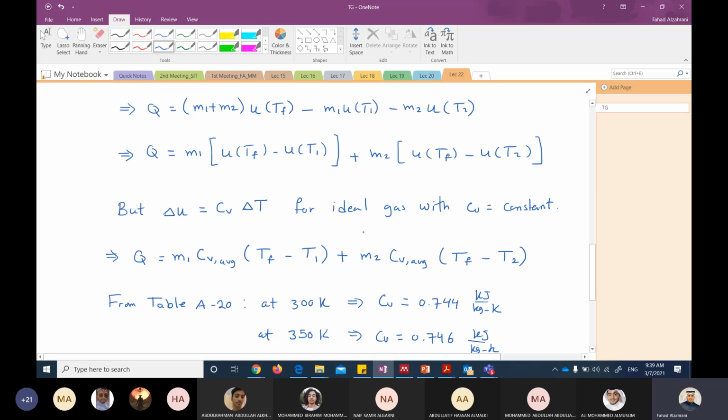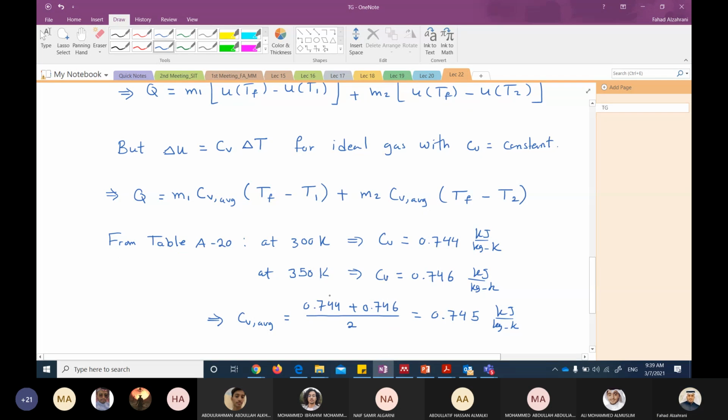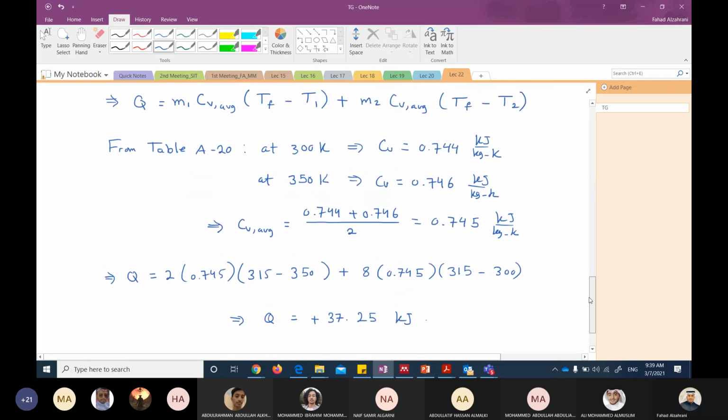You can evaluate CV: the question may say evaluate CV at T1, maybe at T2, maybe at T average. So the way I did it here is T average. And then that's it. I evaluate CV delta T for each case.